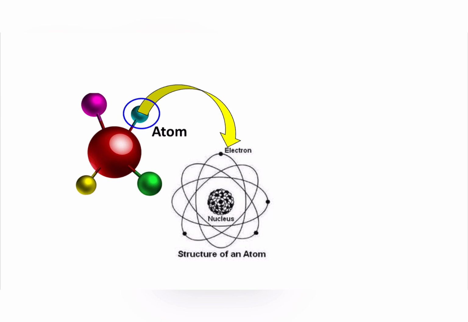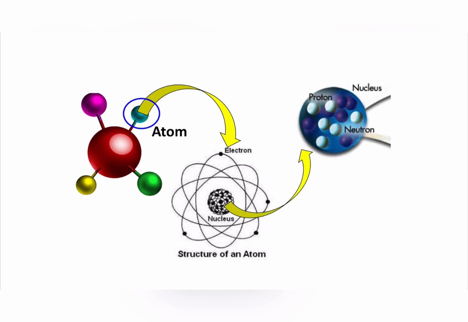If you zoom in to the center of it, there is a nucleus containing protons and neutrons, with electrons surrounding the nucleus. So I hope you are clear with the introduction of what matter is.